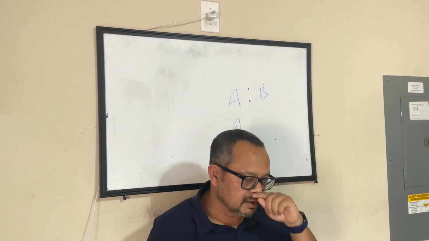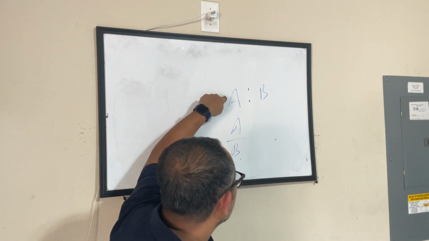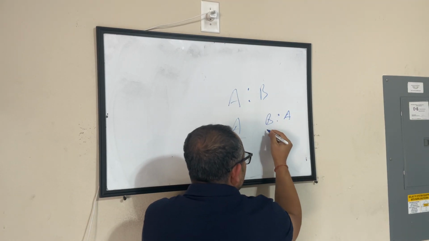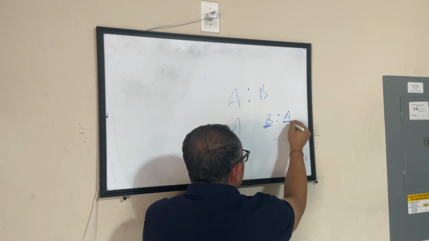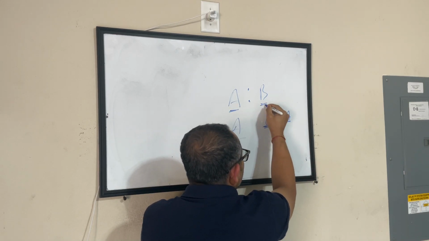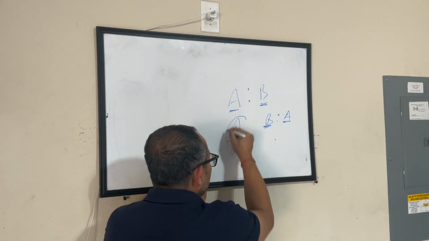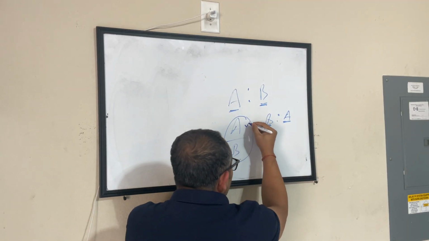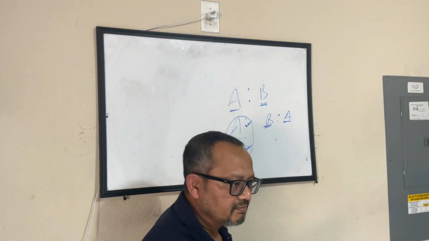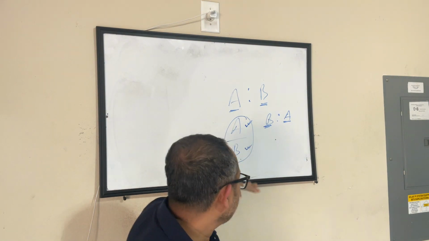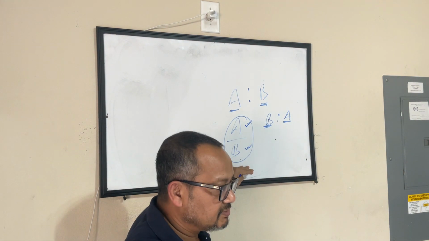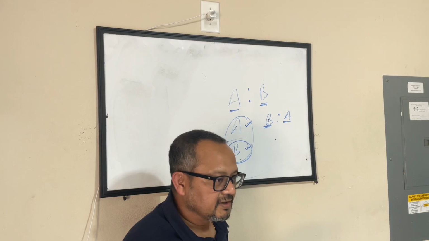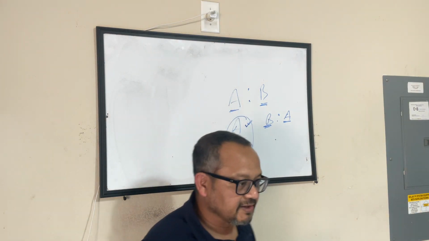When you say A is to B or A by B, you are comparing A against B. Whichever is your denominator, whichever is at the bottom, that becomes your base. I'll explain why I'm saying so. Is this understanding fine?